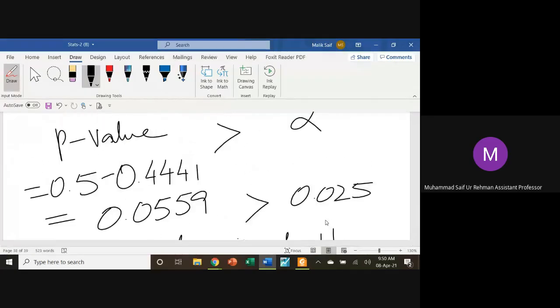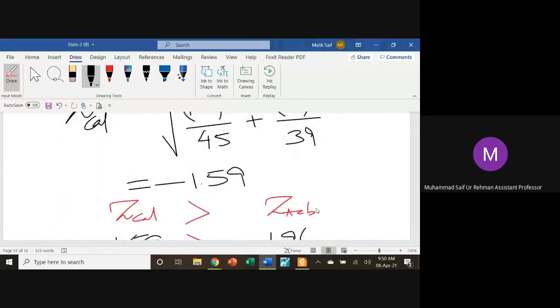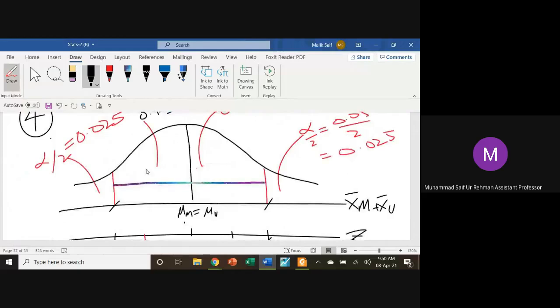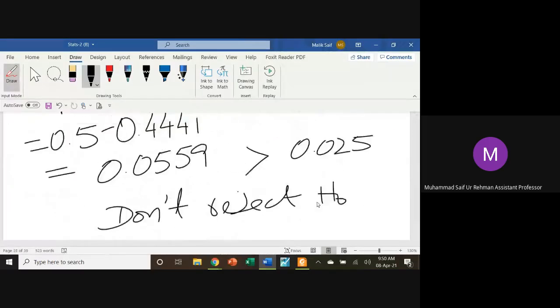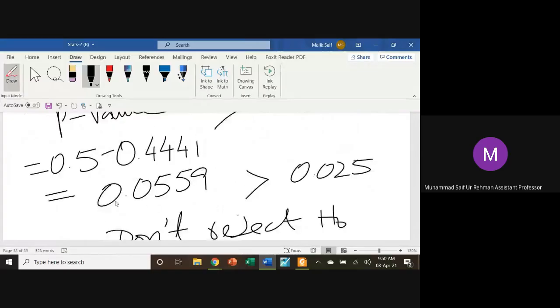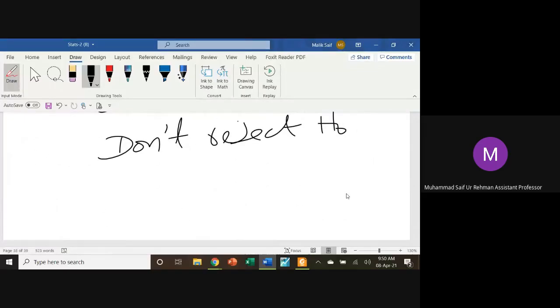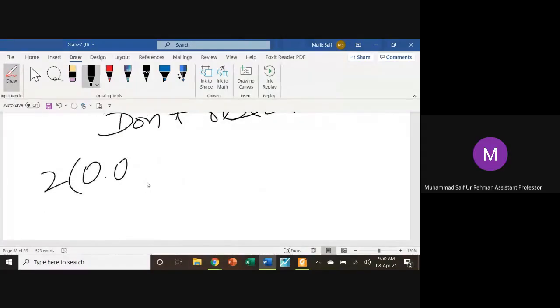Okay, so this is for one tail, but as it is a two tail distribution, what will you do? You will multiply this probability value, whatever you have obtained over here, with 2. So 2 multiplied by 0.0559.